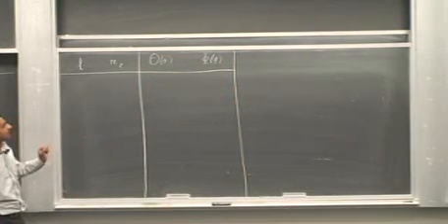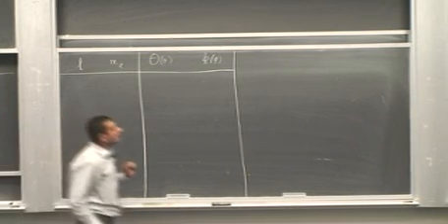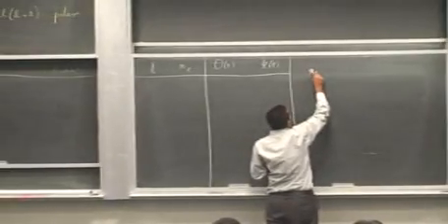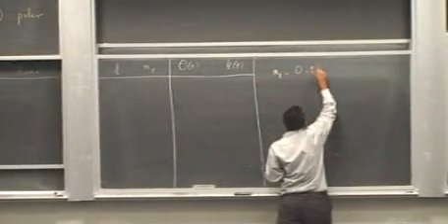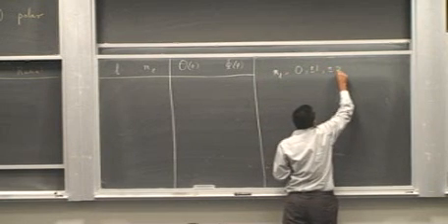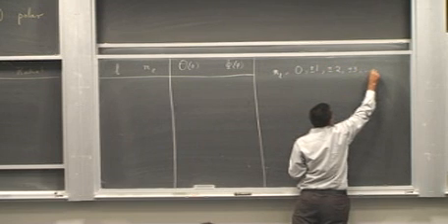Let's draw a table. We know that ML can take up integer values. It could be 0, plus 1, minus 1, plus 2, minus 2, plus minus 3 and so on.